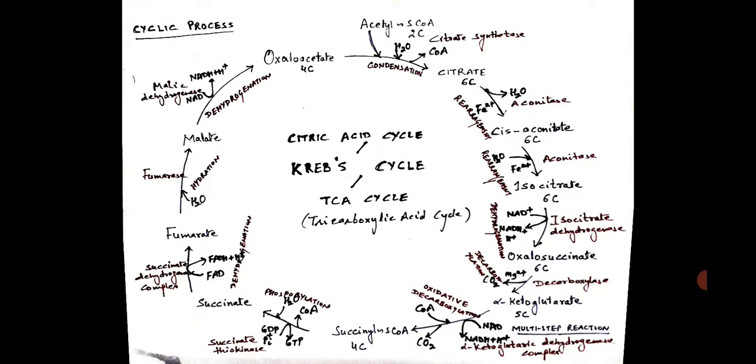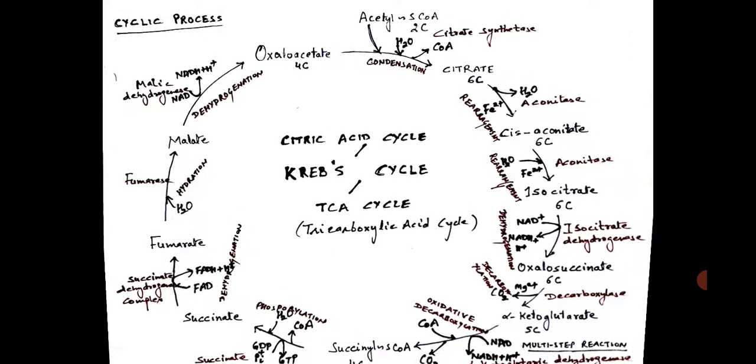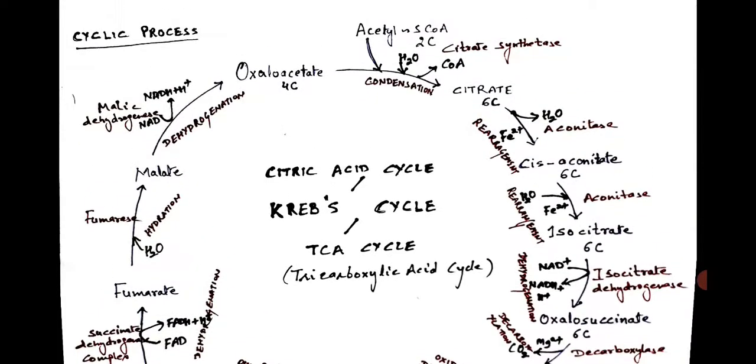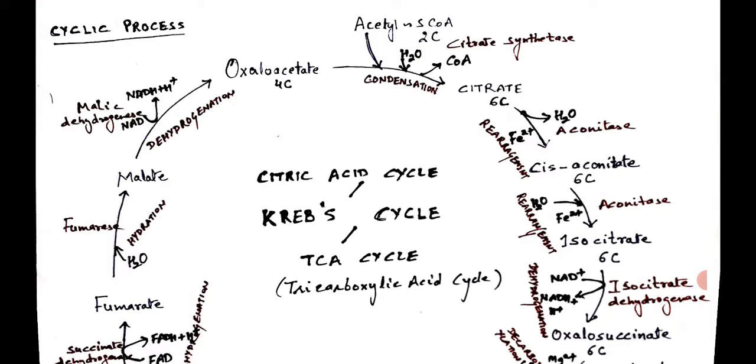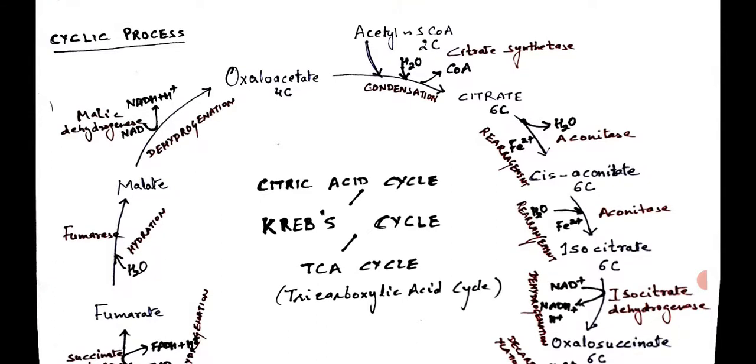All of its enzymes, except for one, are present in the matrix of the mitochondria. So this cycle occurs in the matrix of mitochondria. First of all, the first step is acetyl-CoA, which is a 2-carbon high energy compound that is mainly formed from the glycolysis of glucose into pyruvate, and then pyruvate forms the acetyl-CoA.